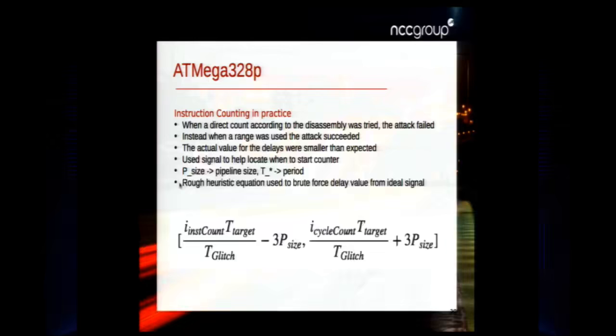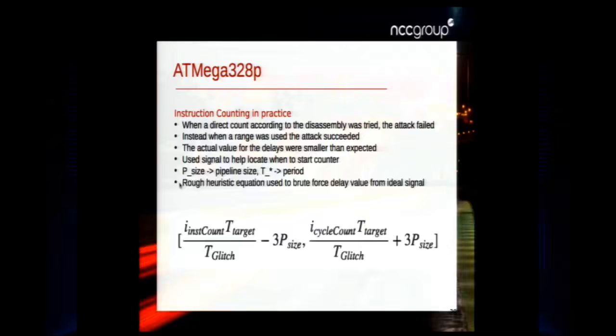This is the instruction counting from before, and this is when I was able to tighten the range used for the delay on the glitching device. This heuristic equation is the one that just worked for me in my examples. There's not really any science to it.